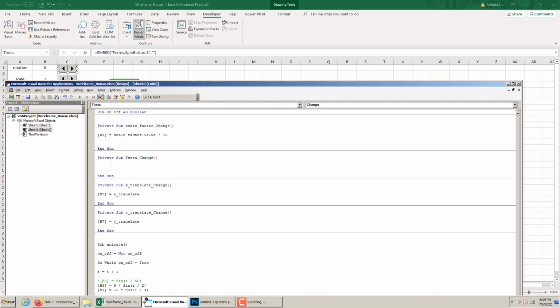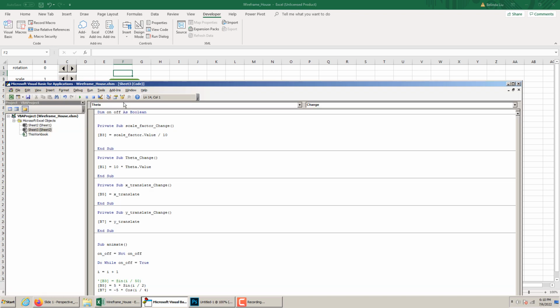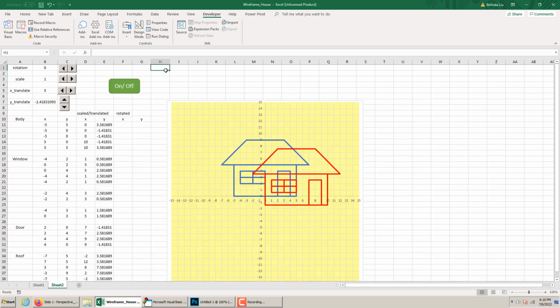So let's say B1 in square brackets, B1 is equal to, that's the normal engineering convention, you put a multiplier in front, or math convention. So let's check if it works. We need first to get out of design mode by clicking here, the same thing.